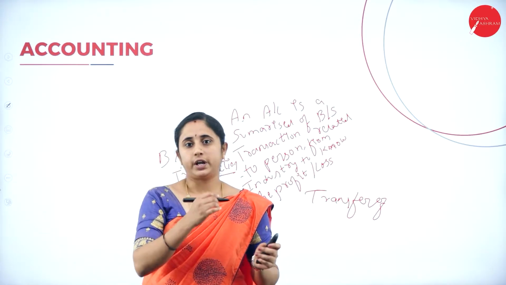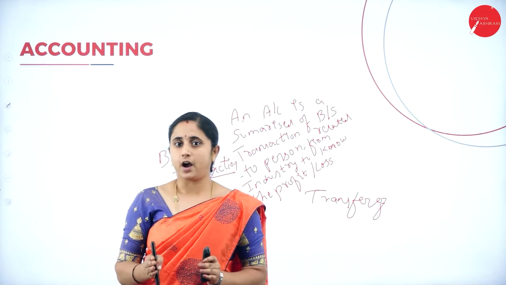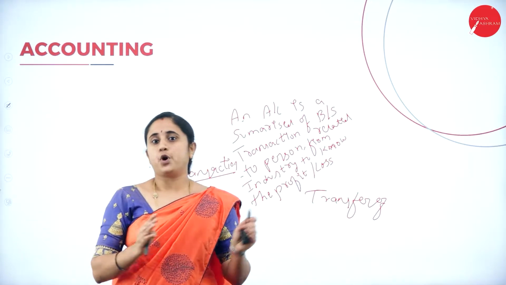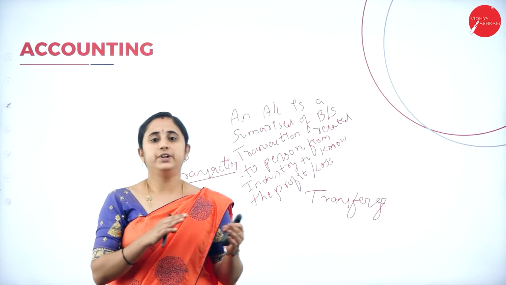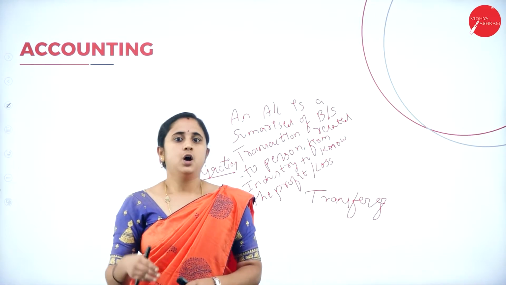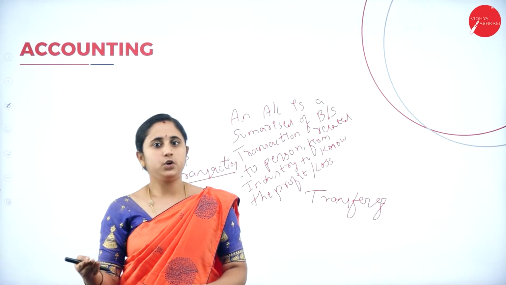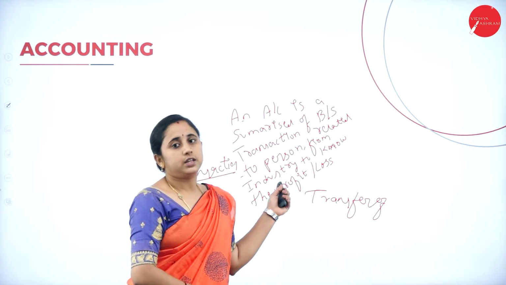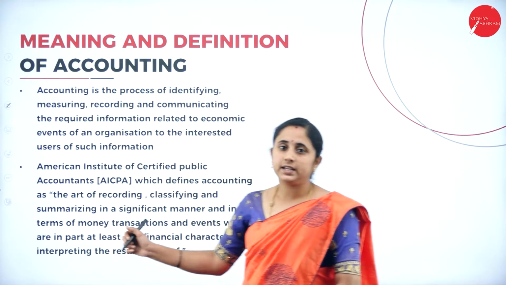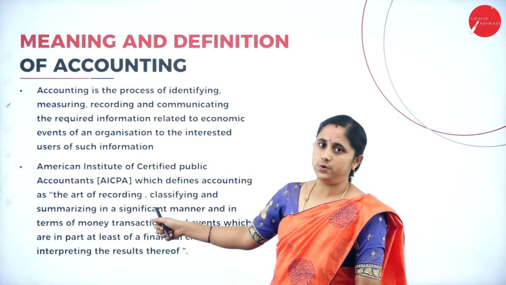We need to record all the transactions as an account to know whether the company is earning profit or loss. If it is profit, how can we improve it? If it is loss, how can we overcome the losses? To know this, the account is maintained. The process of maintaining this account is accounting.